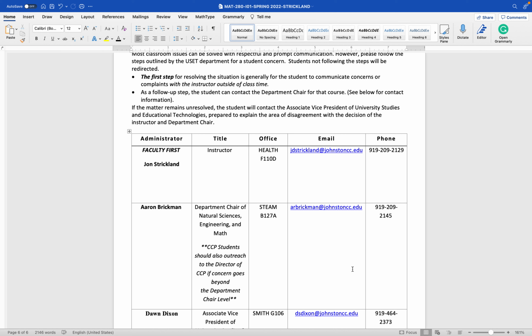As a follow-up step, the student can contact the department chair for that course, and if the matter remains unresolved, the student will contact the Associate Vice President of University Studies and Educational Technologies, prepared to explain the area of disagreement with the decision of the instructor and department chair.